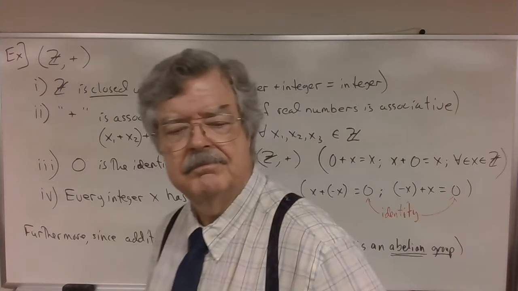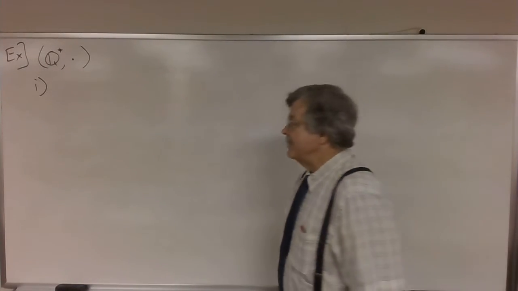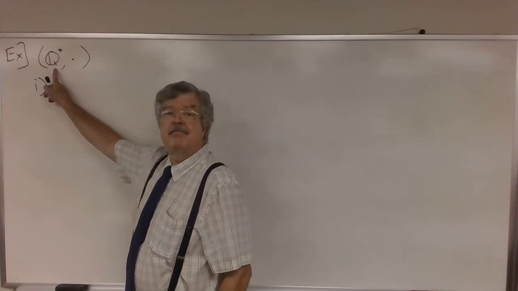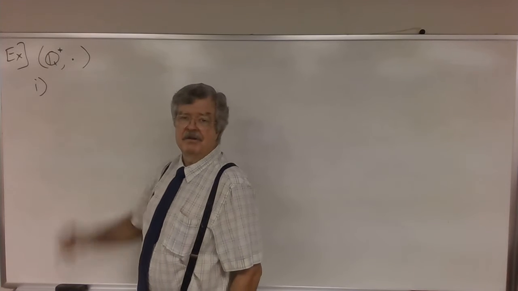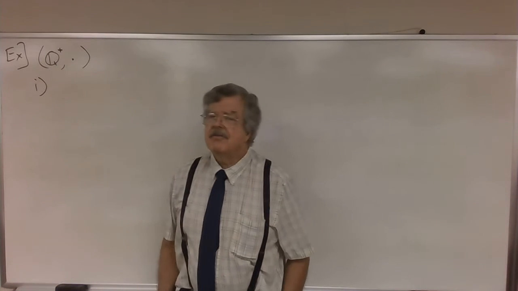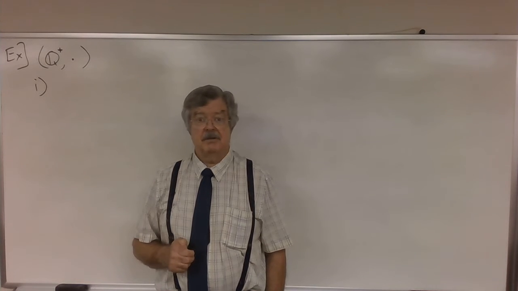Another example. The set of positive rational numbers under the operation of multiplication. If we take two rational numbers and multiply them together, do we always get a rational number?